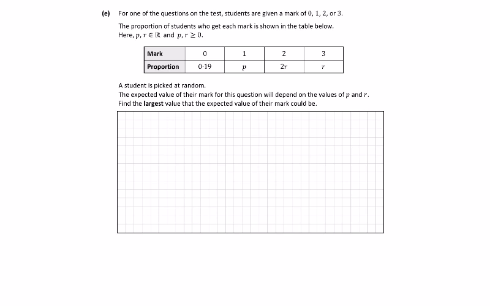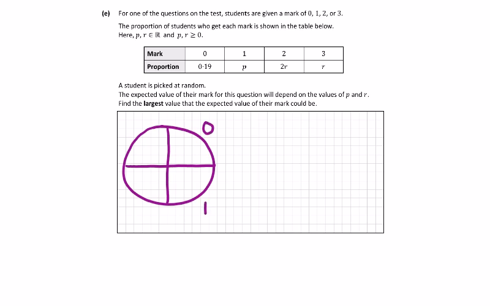In the last part, the student is picked at random. The expected value for the question will depend on the values of P and R. Find the largest value that the expected value of the mark could be. Okay, we set up an expected value table with 4 sectors. I'll just make them all the same size just for simplicity. This is 0 marks, this is 1 mark, this is 2 marks, and this is 3 marks.